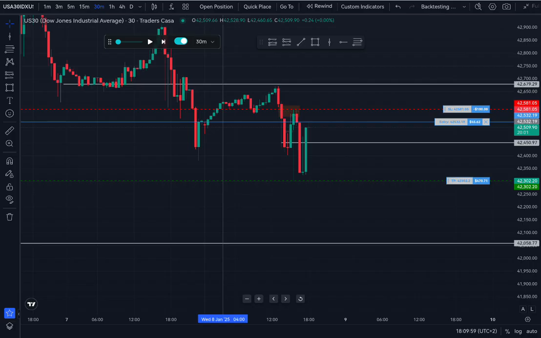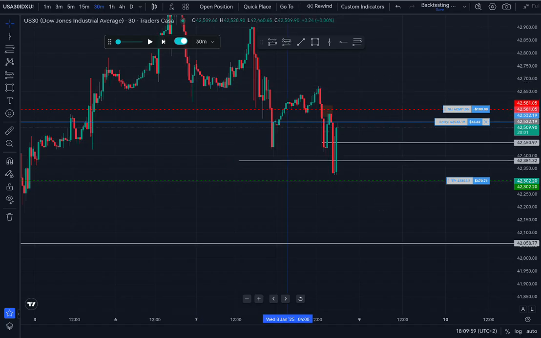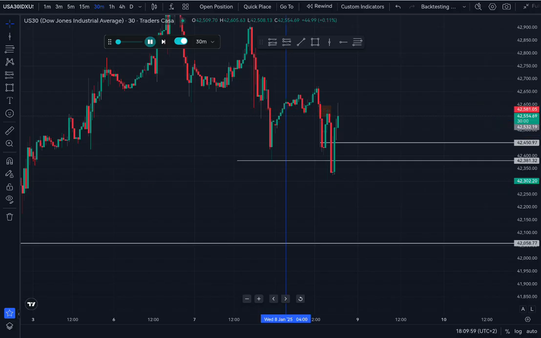Because being vigilant means the moment we took out this low over here, I was supposed to be out of the trade. So, yeah. Now I'm out of the trade by stop loss hit. But this was not supposed to be.